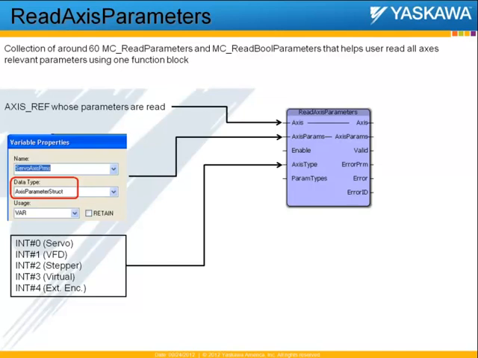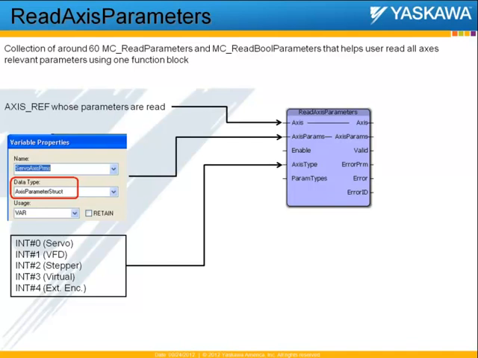Like I mentioned earlier, this contains up to 60 MC read parameters, so it may not be optimal to read all parameters for all different types of axes at all times. For example, parameters like commanded position, commanded velocity, commanded torque, or commanded acceleration may not be relevant for external encoders because these parameters cannot be commanded for an external encoder. An external encoder can have only feedback.